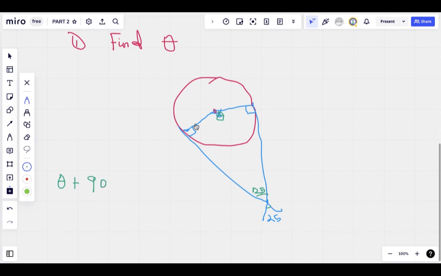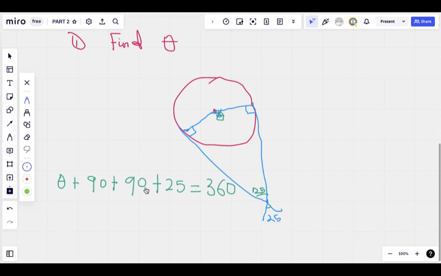Plus this 90 degree here, plus another 90 degree here, plus 25, plus 25 will be equal to what? It's a quadrilateral, right? 1, 2, 3, 4 angles. 4 angles is 360. Anytime you have a quadrilateral, the sum of angles is 360. So we say this is equal to 360.